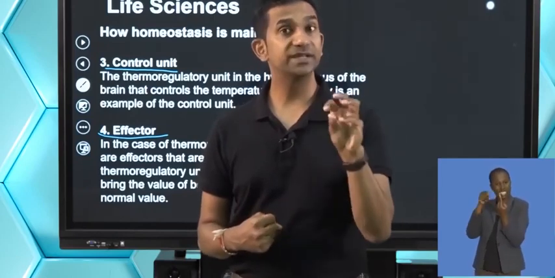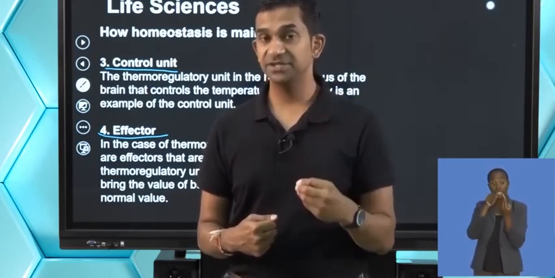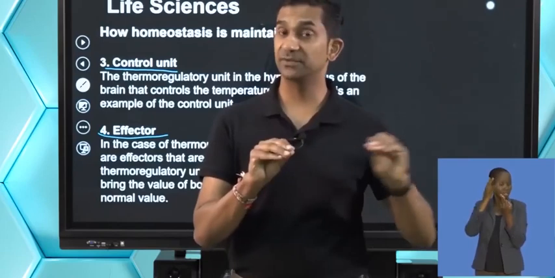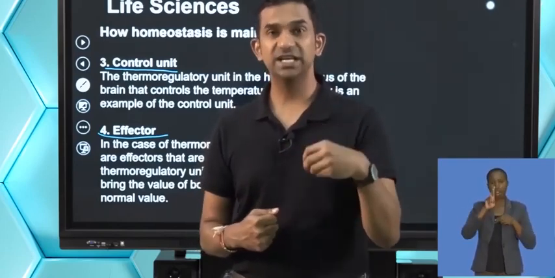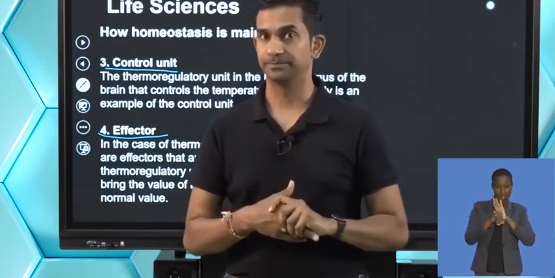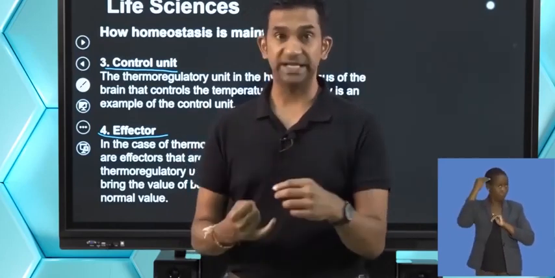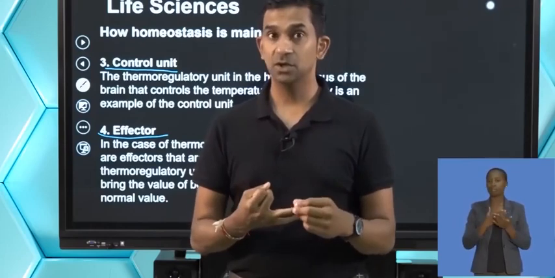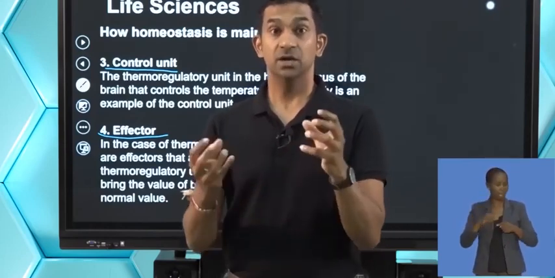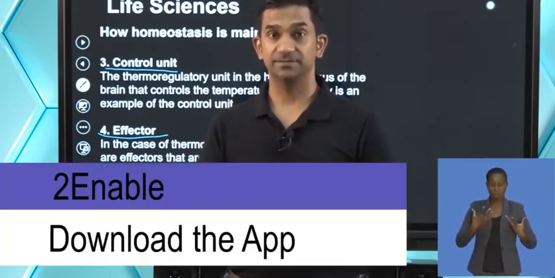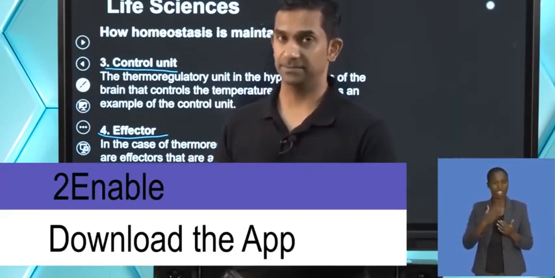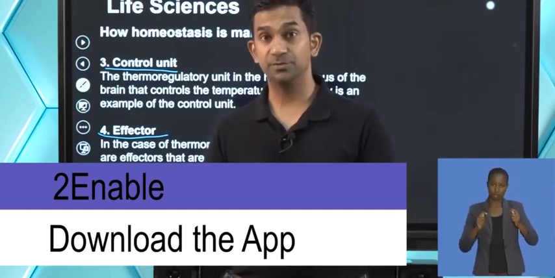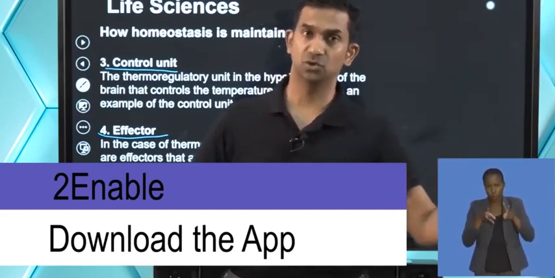The control unit processes that information, identifies a change from the normal range, and sends out an impulse to the effector organ. The effector organ could be glands, muscles, or various other organs that respond to that change and bring about a change in the opposite manner. That will then try to bring the balance back to normal.